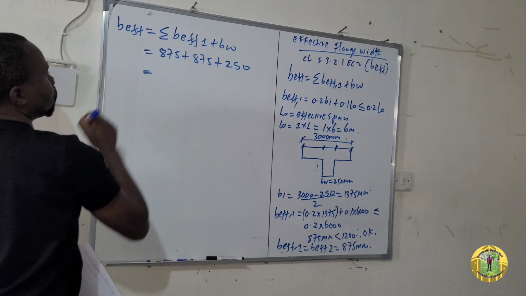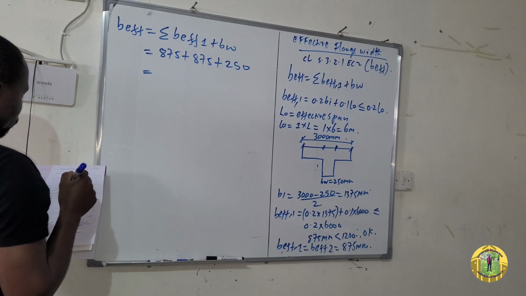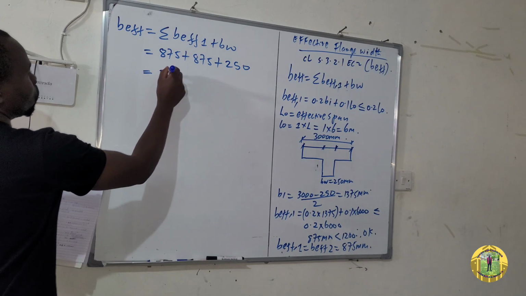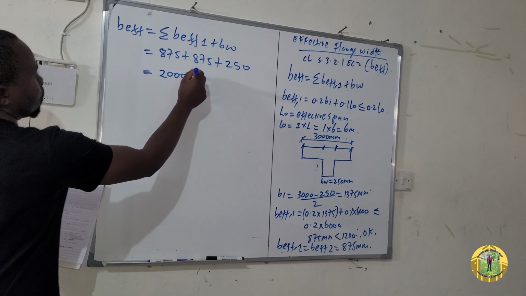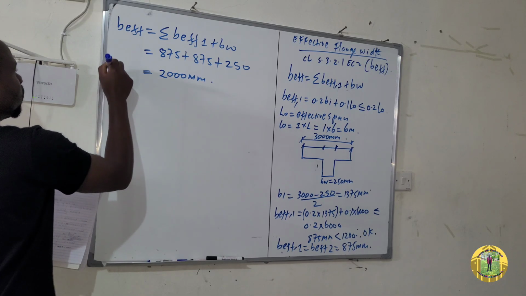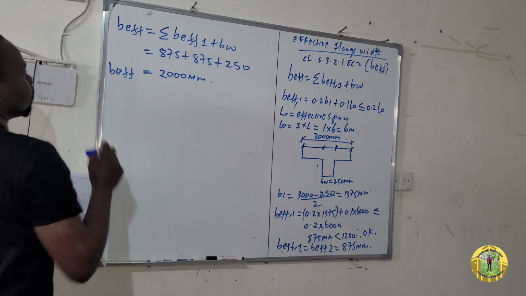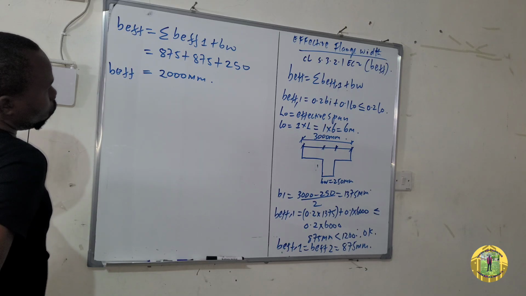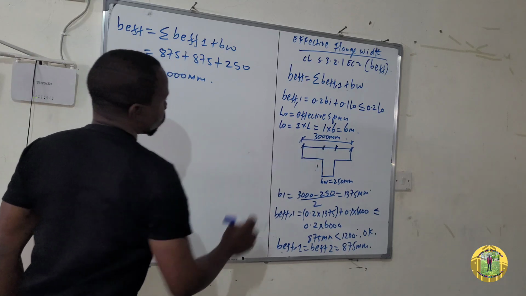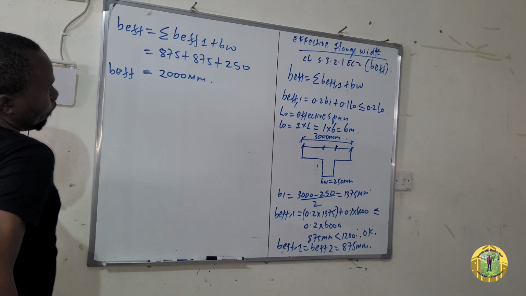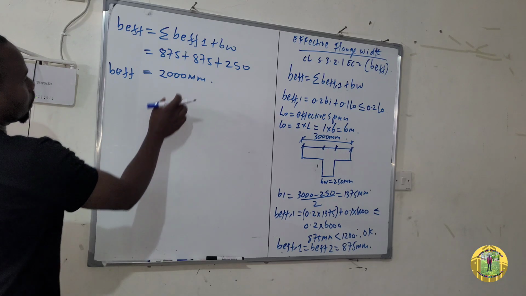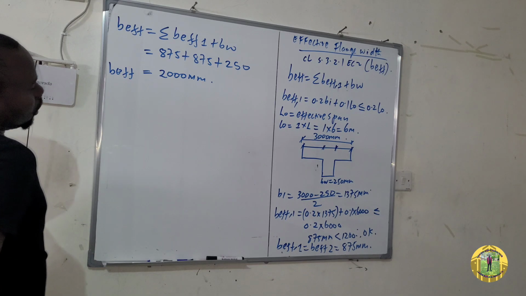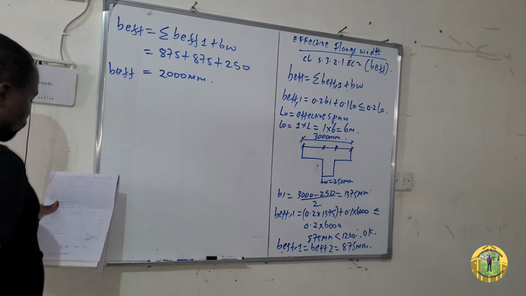So this one is equal to 2000 millimeters. So this is BEFF, which is the effective flange width. Remember, this 3000 is not the effective flange width, but it is the breadth of the flange. This is the one that will be used in our calculation.